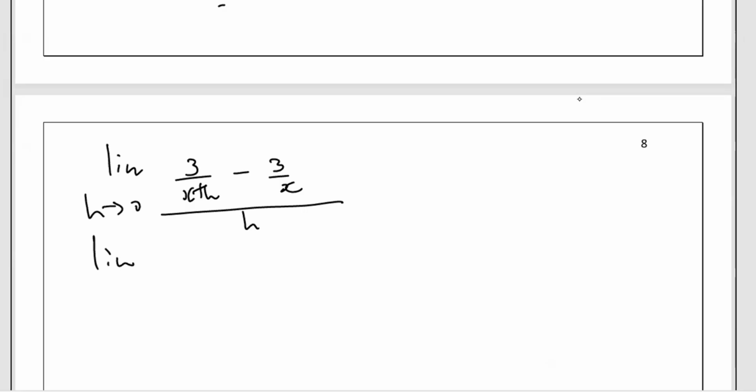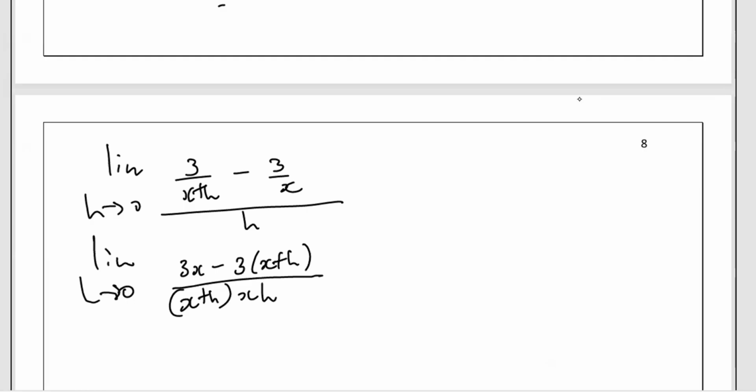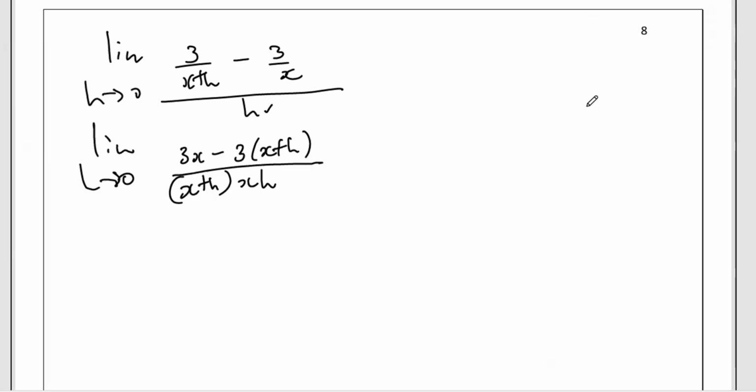So limit as h tends to 0, we're going to have 3x minus 3 into x plus h. Everything is divided by x plus h, and then we are multiplying it by xh. What I'm doing is this, and then that. That's going to be x into x plus h, and then divide by this h also, which is that.